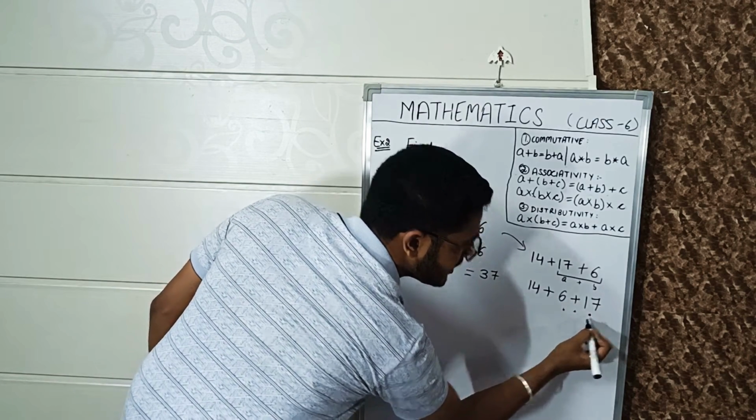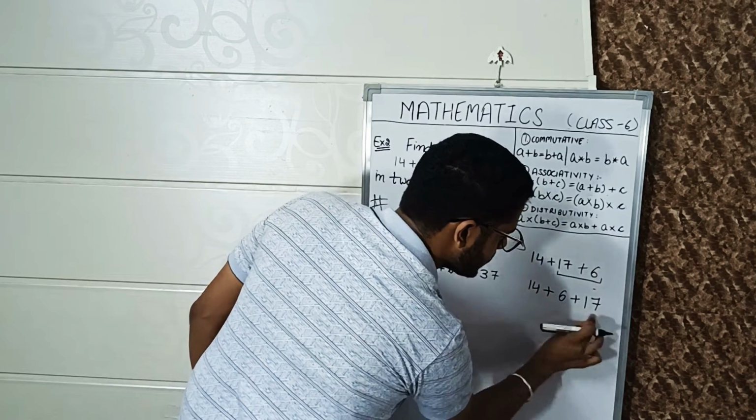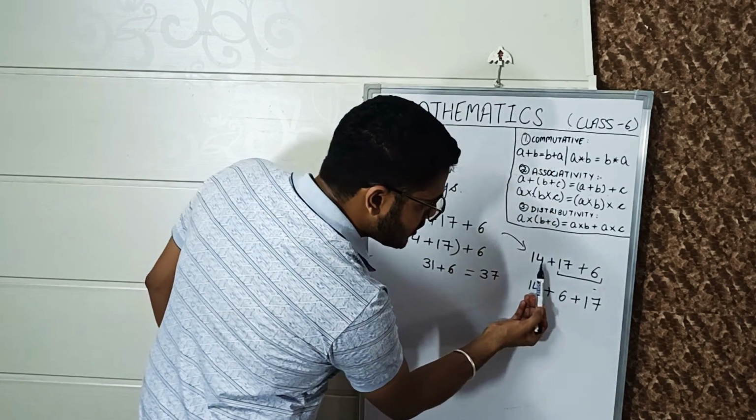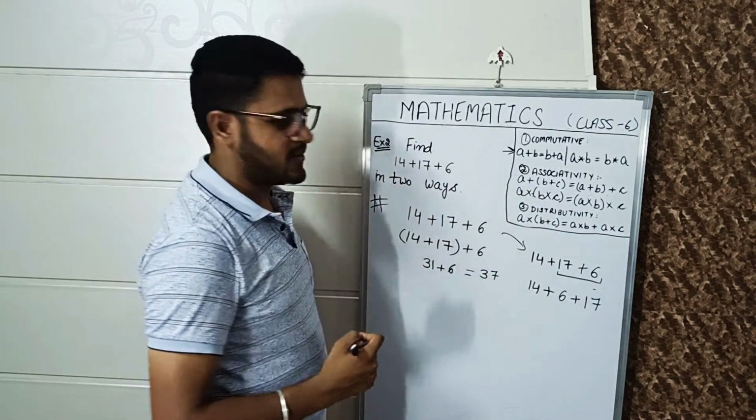Now using the property of commutativity, what we did is, we interchanged these values using this property, right?